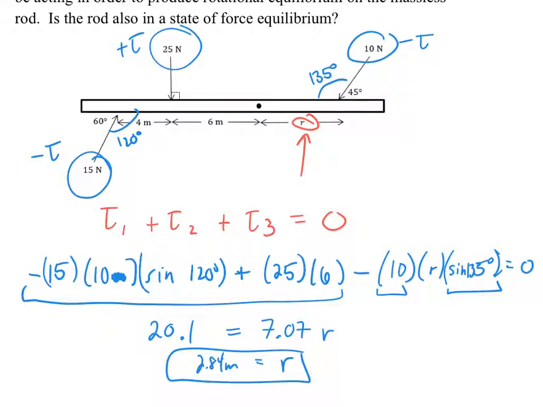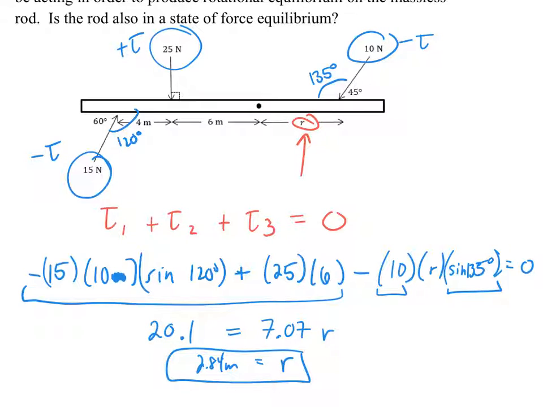But if you solve a problem for R and you get a negative answer, it means that it's not possible if the force were on this side to be in equilibrium. The force is totally wrong and it needs to be on this side of the pivot point. That's all negative R would actually mean. Okay? Just a theoretical question someone asked. I thought it was good to answer.